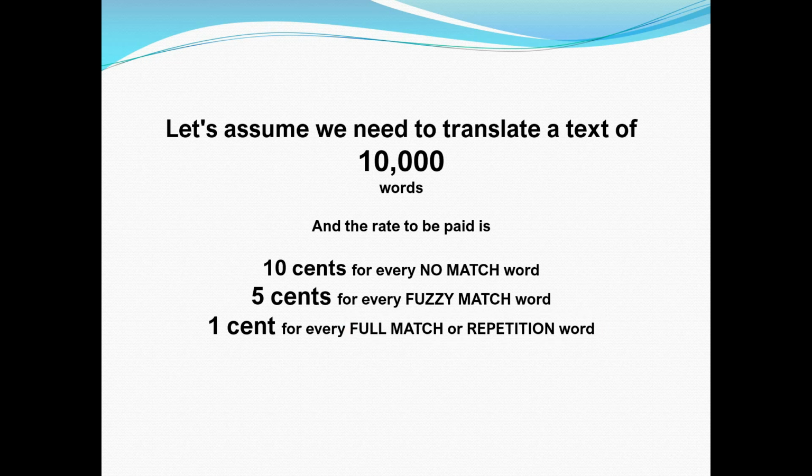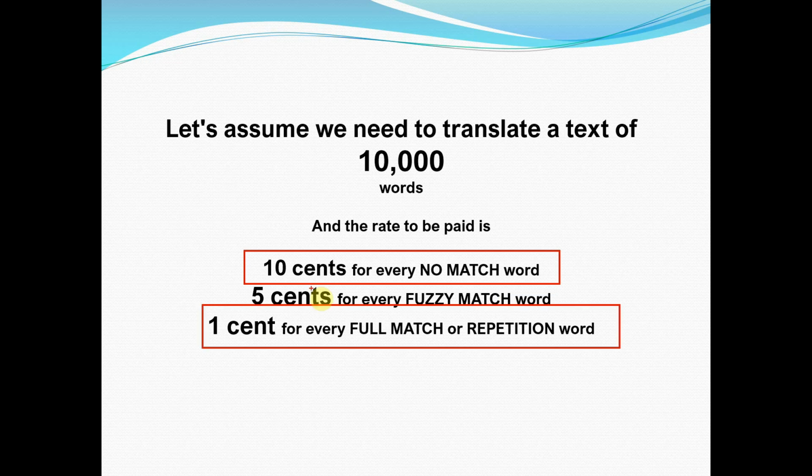So those words will not be paid the full rate, not even with a reduction of 50%, but with a much stronger reduction of 90%. So here in our example, we will get just 1 cent for those words belonging to the full match or repetition category. This is just an example. It's not a rule. We know that 10 cents, this is just an easy way to make calculations.